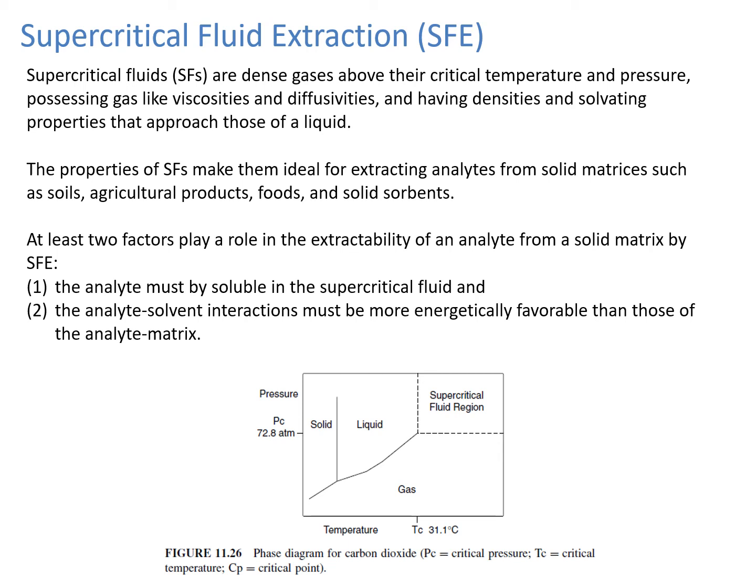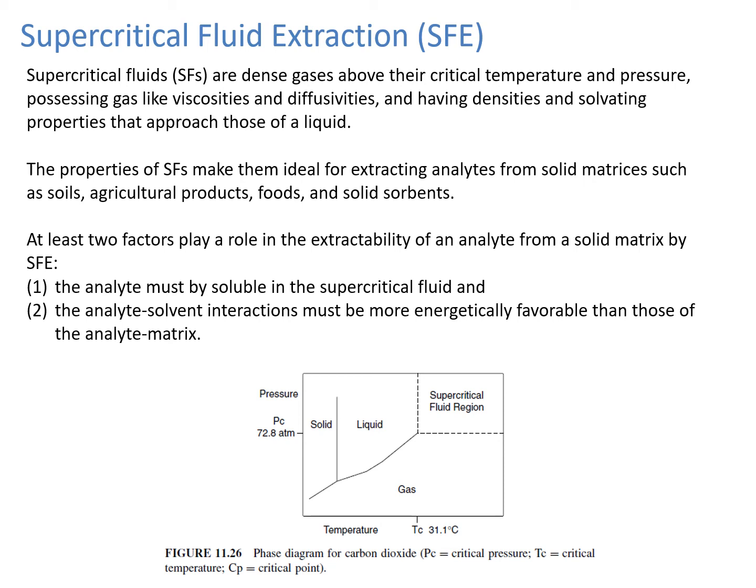So here, class, given is an example of the phase diagram for carbon dioxide. Take note that the y-axis is the pressure and the x-axis is the temperature. The PC is the critical pressure, the TC is the critical temperature, and CP is the critical point. The phase diagram is divided into solid, liquid and gas.